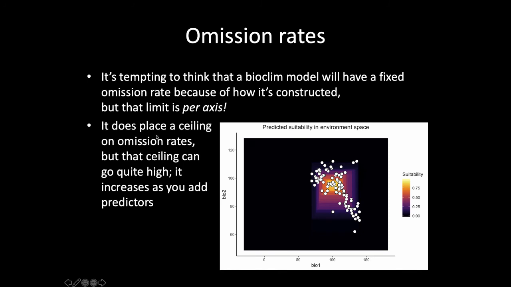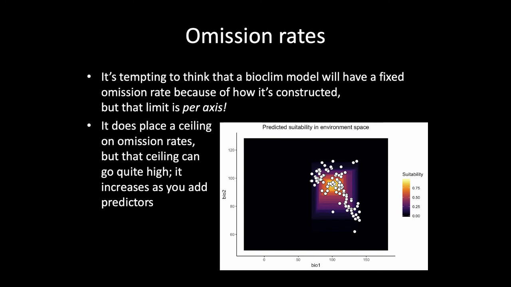So there is a ceiling placed on omission rates, but it's not a fixed ceiling for all numbers of dimensions. A lower dimensional model will have a lower maximum omission rate than a higher dimensional model.